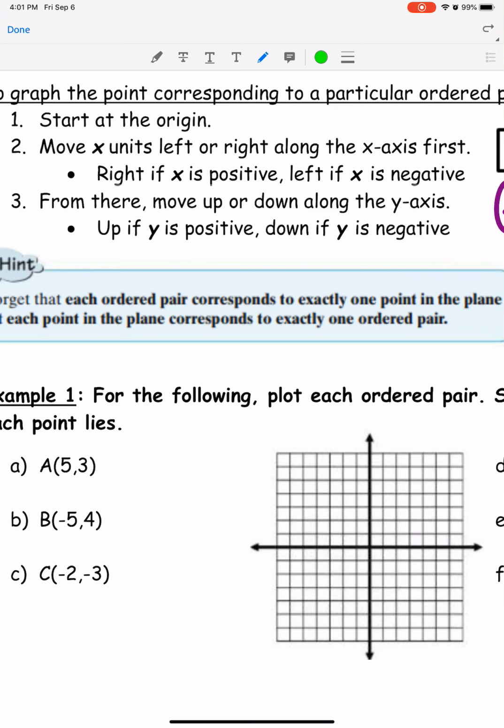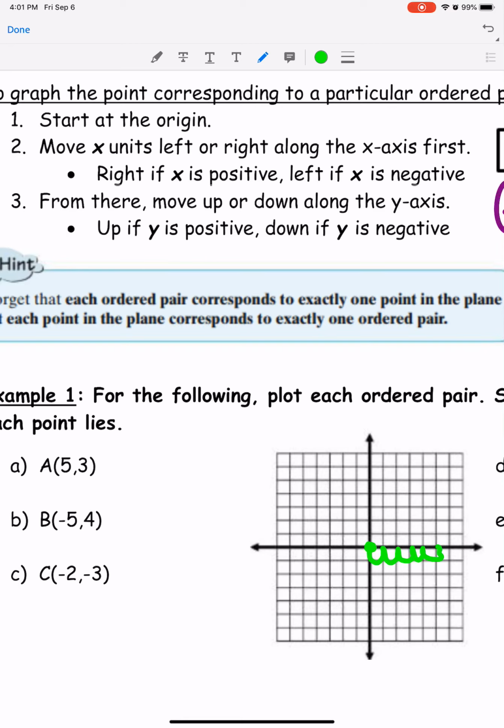Okay, so let me show you again. And just so you guys know, when I start at the origin, this is not 1 right here because I have not moved. So we're not going to say 1, 2, 3. When you start at this origin, that's ground 0. So you're moving over 1, 2, 3, 4, 5.